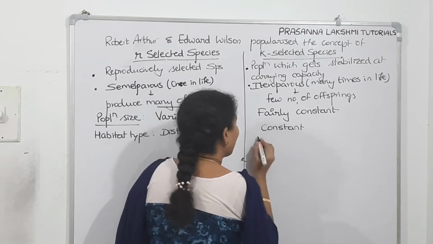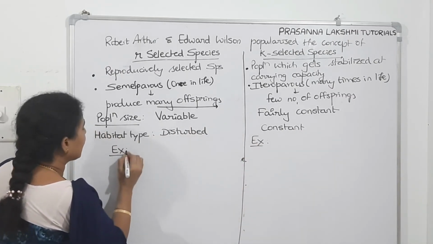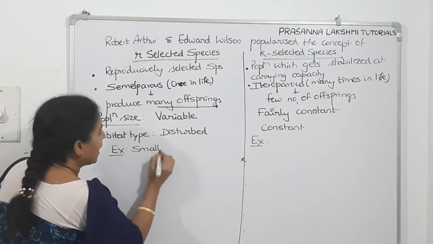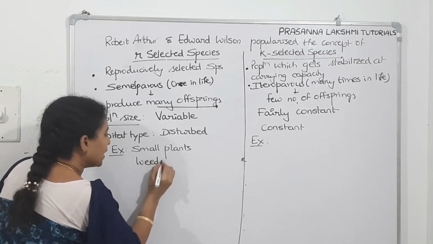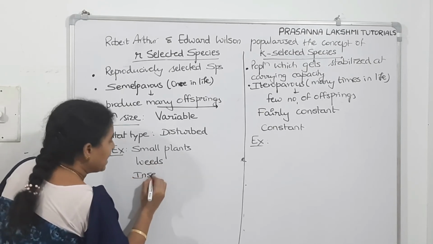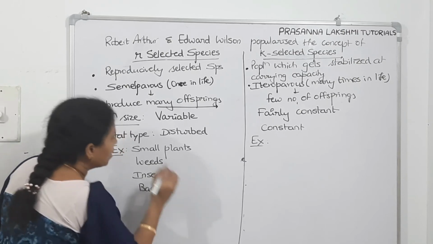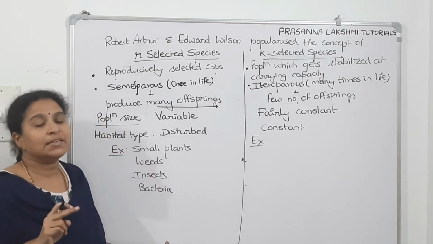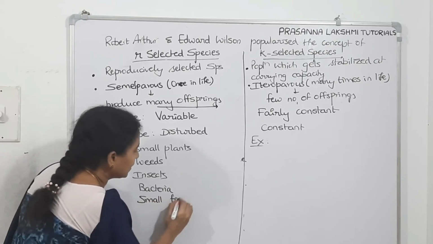And finally, the examples of R selected species and K selected species. Small plants, weeds, insects, bacteria, small fish are the examples of R selected species.